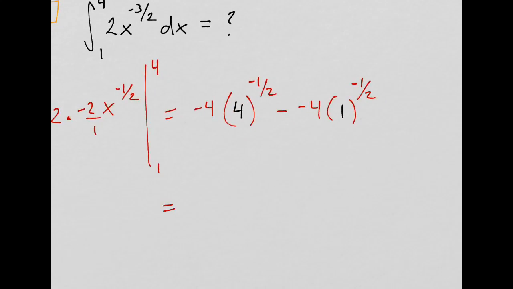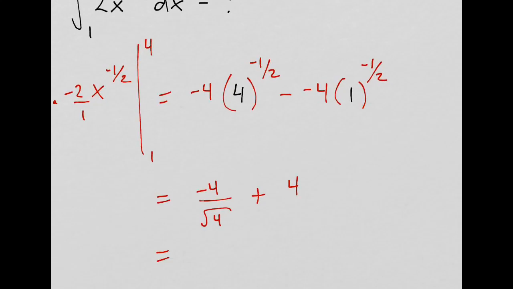Let's simplify each step. Negative 4 over the square root of 4, and the second term changes to plus 4 because the square root of 1 is 1. That is negative 4 over 2 plus 4, which equals negative 2 plus 4, which equals positive 2.